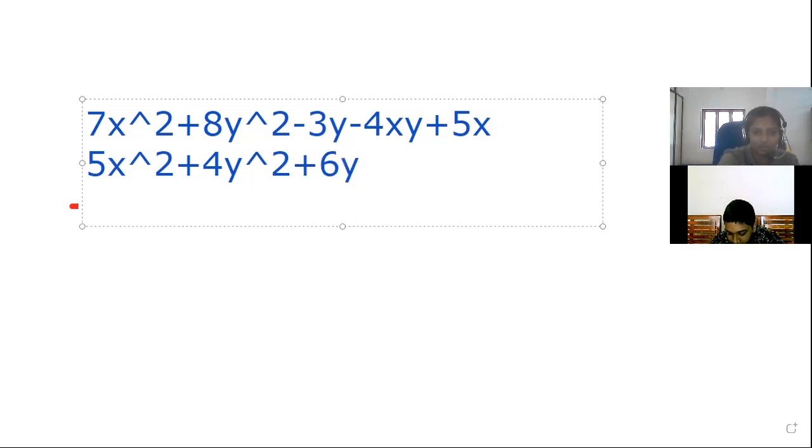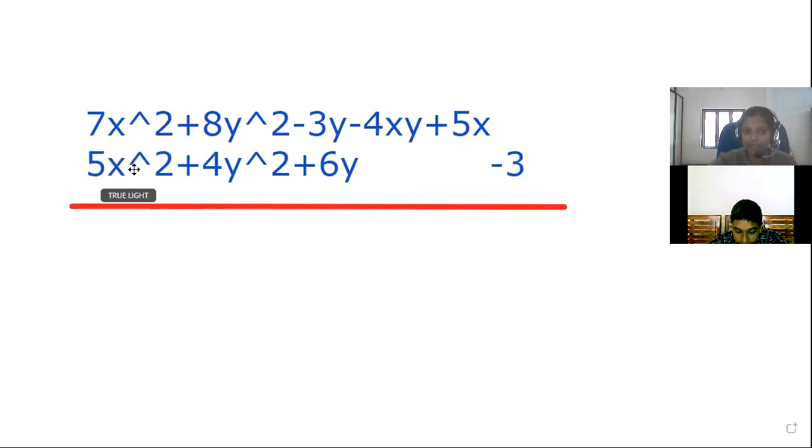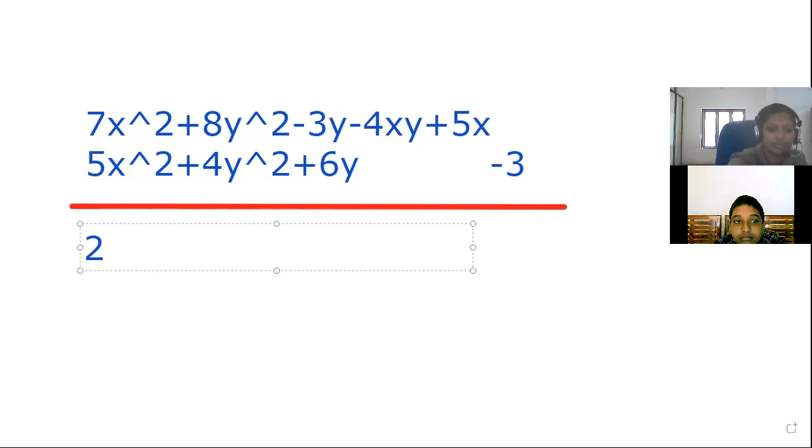Then there is no term for minus 4xy or x. So we can write a minus 3 here. While subtracting, what happens? 7x square minus 5x square is equal to 2x square. And what about 8y square and 4y square? 8y square minus 4y square is equal to 4y square.